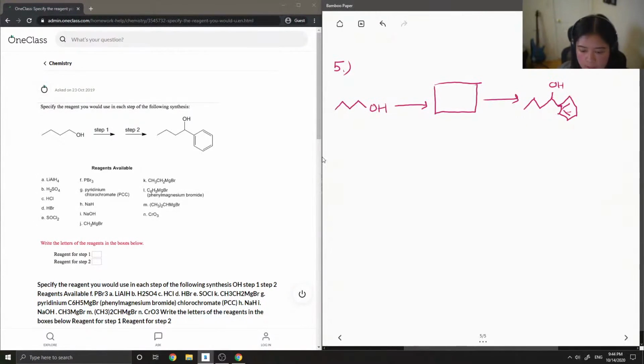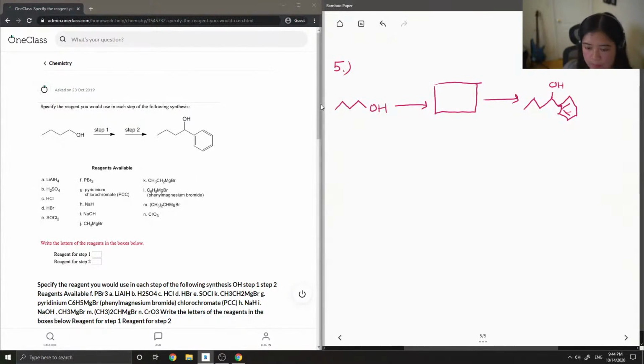So let's see, they give us a lot of these. Every time you have a carbon group that's with magnesium and bromide, this is something called Grignard's reagent, and it is a helpful way to add a new carbon group to aldehydes.